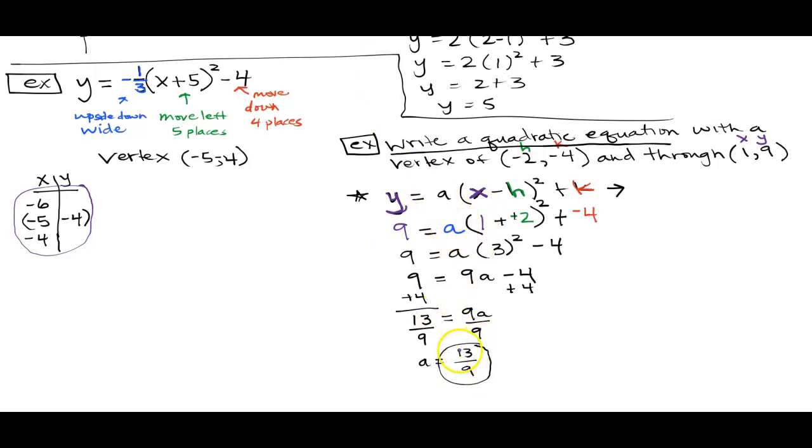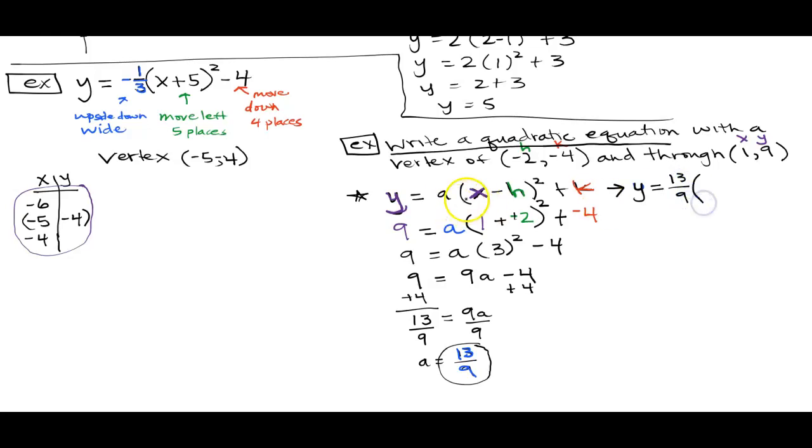Maybe I'll write it in blue to make it clear. Remember, when I'm writing an equation, I don't know what x and y are because they could be a number of different things, so I keep x and y as part of my equation. So I'll have y equals, and in place of that a, I'm going to put 13/9.